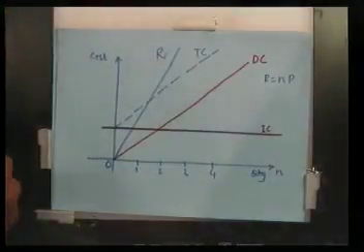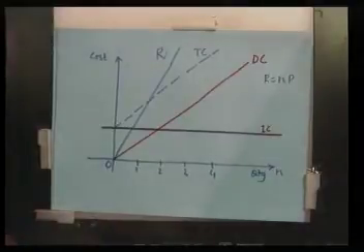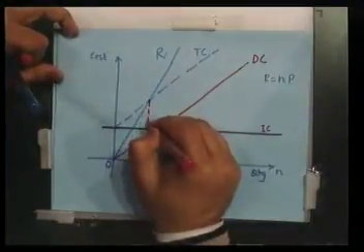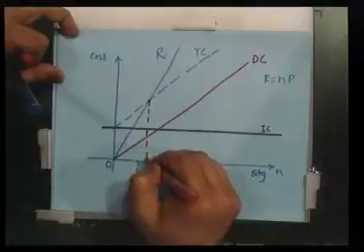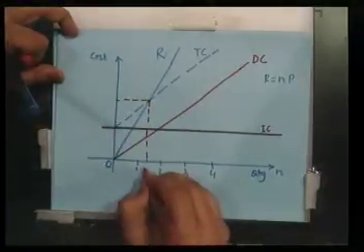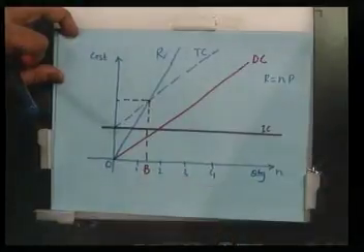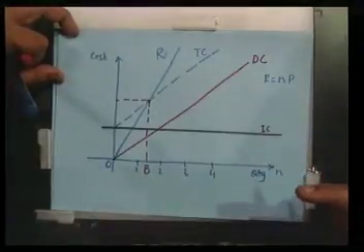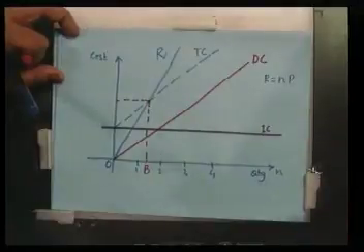Now, what is of interest to us here is this point and its corresponding value on x axis as well as on y axis. This is what I am calling B. That means this is the production level beyond which I have to produce and sell if I have to make profits.